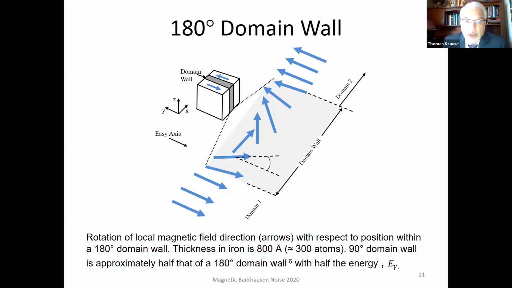The 180-degree domain wall is the gradual rotation of spin moments inside the wall, and for an iron crystal, that is about 300 atoms or 800 angstroms. We can also rotate just by 90 degrees, and that would be about half the extent and half the energy, and would produce a 90-degree domain wall.